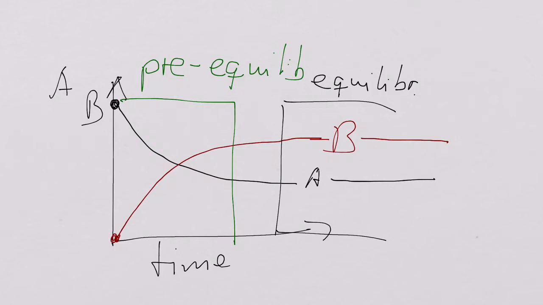The interesting part, however, is this pre-equilibrium, when a lot of stuff is going on. And that is where biochemical pathways are usually located, in the pre-equilibrium phase. Does that make sense? Yeah? So this is a typical picture of an equilibrium reaction.